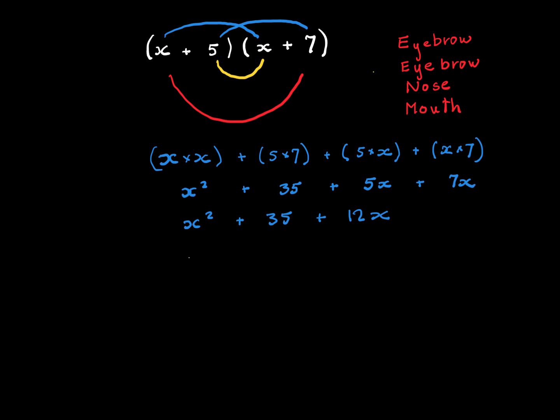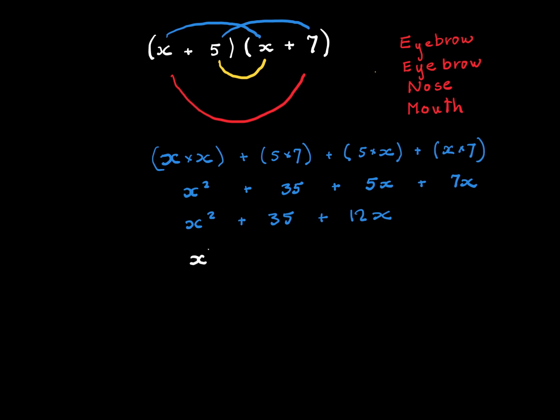So in other words, I will start off with x squared, but the next term that I want to be here is 12x, and then finally ended off with 35. And this is my expression for expanding this binomial product.